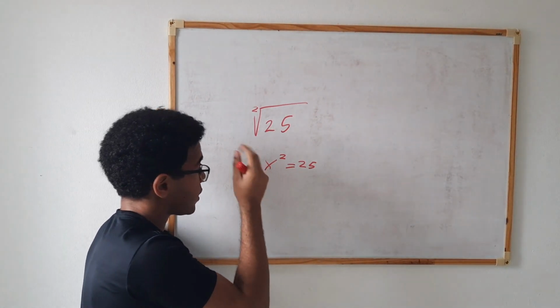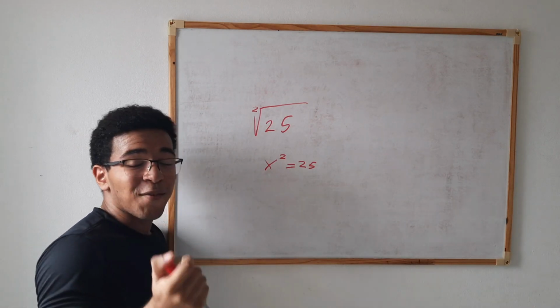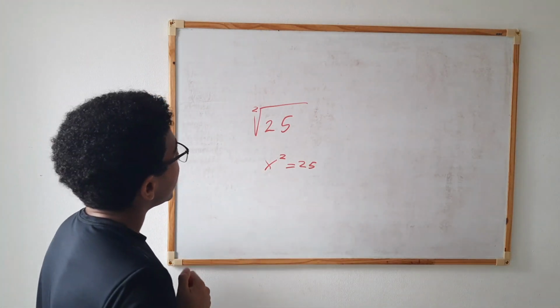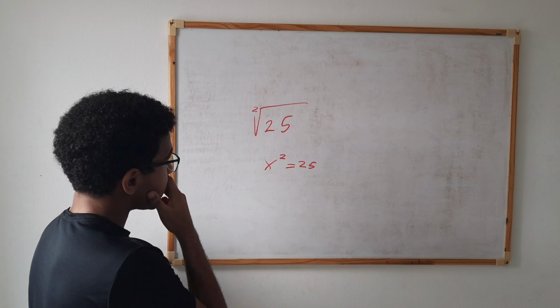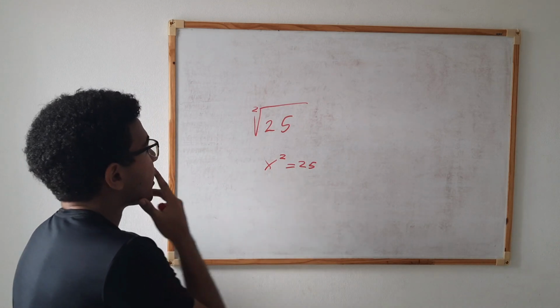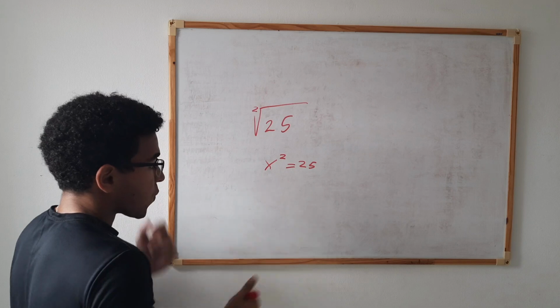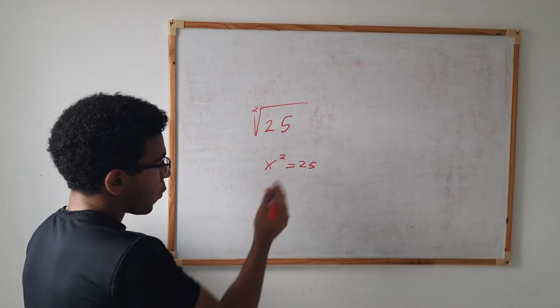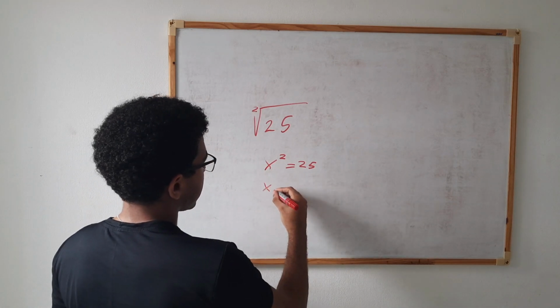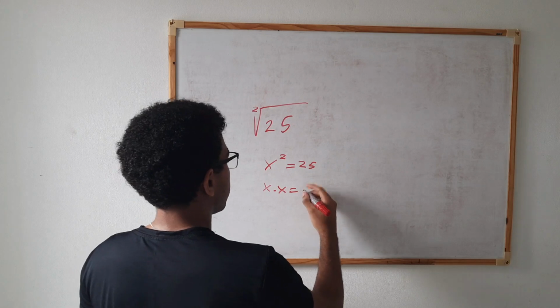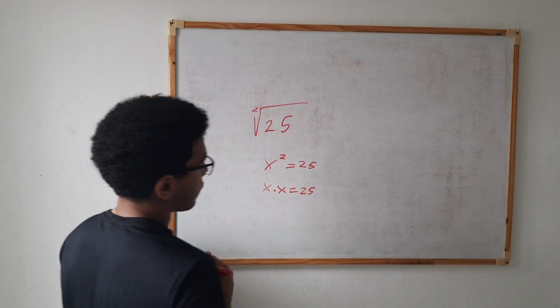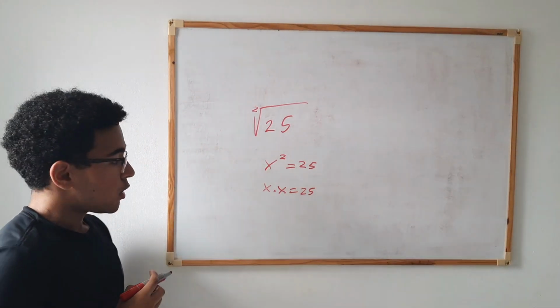We know that x in this case is 5. So a way to represent this through multiplication would be to say that x times x is equal to 25. Okay?